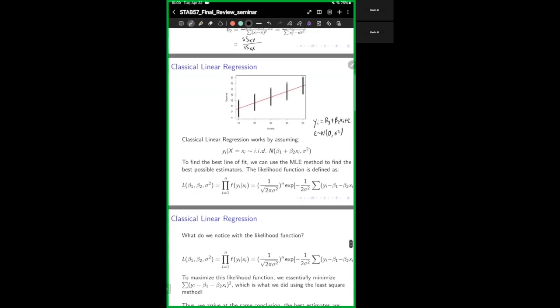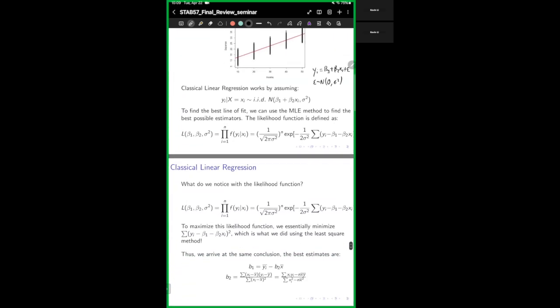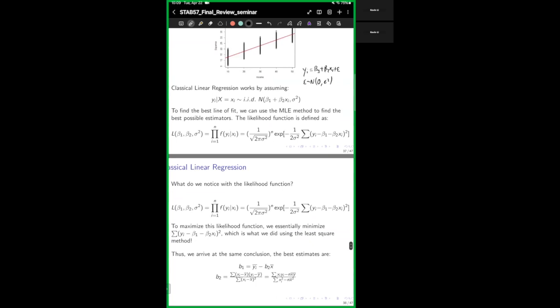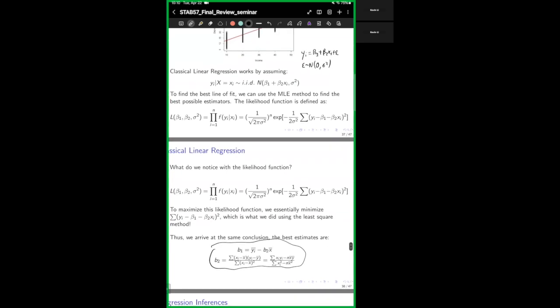Either way, from this likelihood function, if we were to optimize it, we would get the same results, so we arrive at the same conclusion. Even using this likelihood representation, we still arrive at the same closed form solution: b1 is equal to y bar minus b2 x bar, and b2 is equal to the sum of squares of x and y over the sum of squares of x and x.